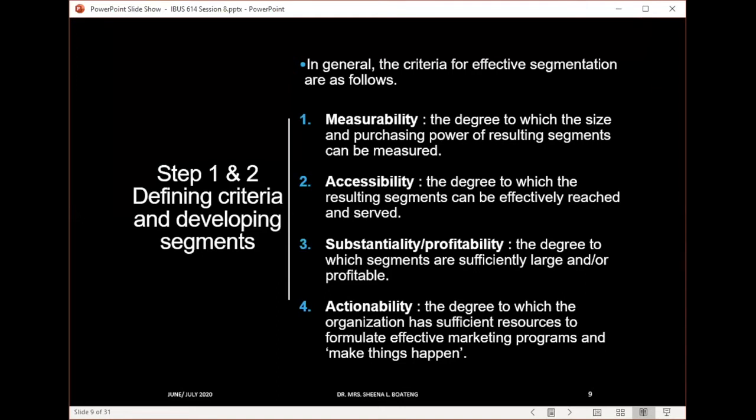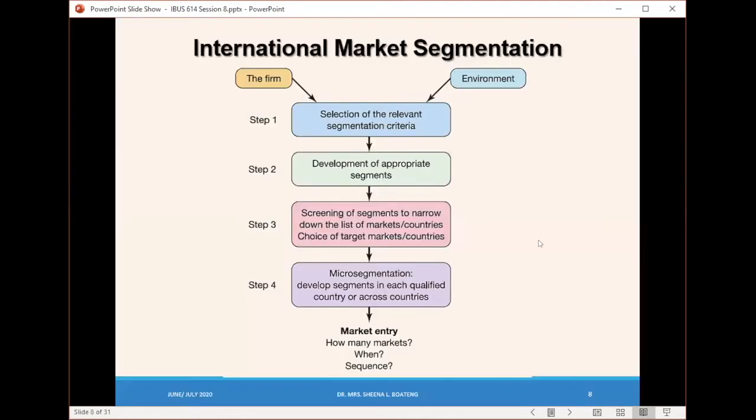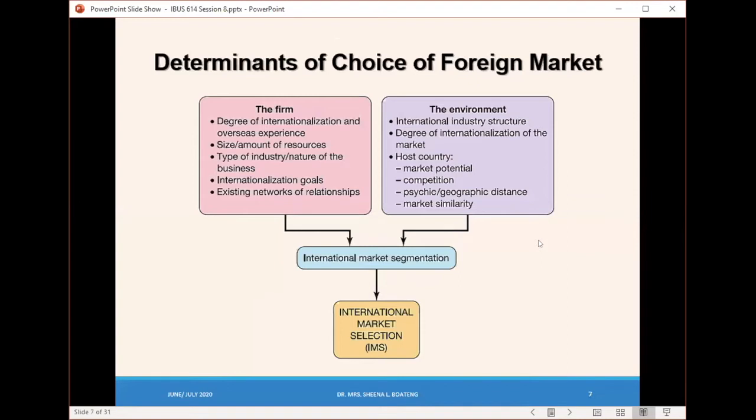Bikoma, from what you said so far, where does the business model of the firm come in? The business model of the firm is part of the firm's characteristics, because the business model that you are operating as a firm determines the degree of internationalization experience that you have. Because if your business model involves exporting some part of your produce overseas, and also involves working with other partners overseas, definitely you will have some existing networks as a result of that business model.